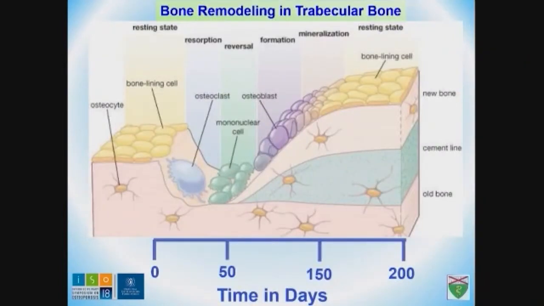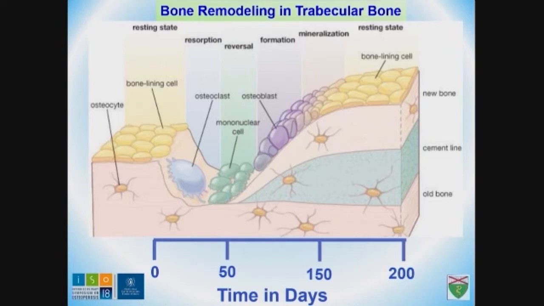So the way that bone remodeling occurs, that's the typical process by which we repair bone if you get a microcrack. It's the process by which we call upon bone if we need to defend our serum calcium. It's the process by which we call upon bone if we need to buffer a systemic acidosis. That process, and for our purposes in particular in repairing bone, is the process of bone remodeling.